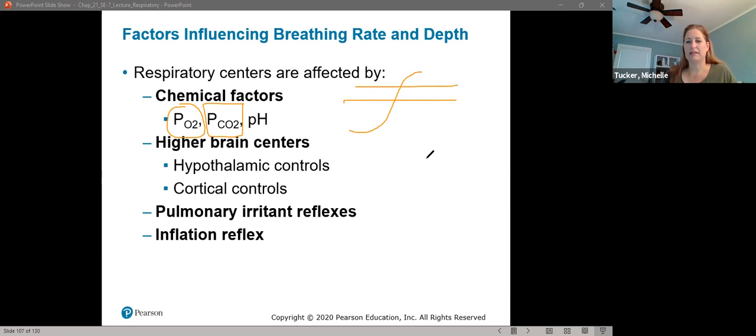PCO2, because it gets converted to bicarbonate, that's its main mechanism. It can diffuse in plasma, it can get carried on hemoglobin. It is going to be the driving factor.